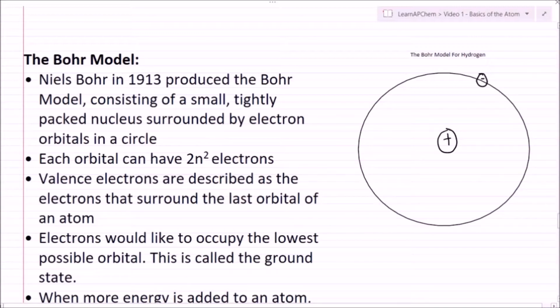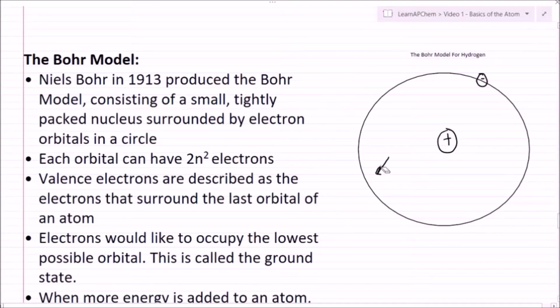So this first orbital at n equals 1 has 2 times 1 squared, 2. If we had n equals 2, 2 times 2 squared, or 8. So if we had, say, 3 electrons, we would draw another electron here, and then we would draw another circle around and put an electron on there.